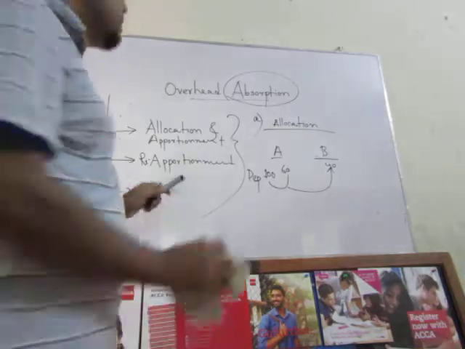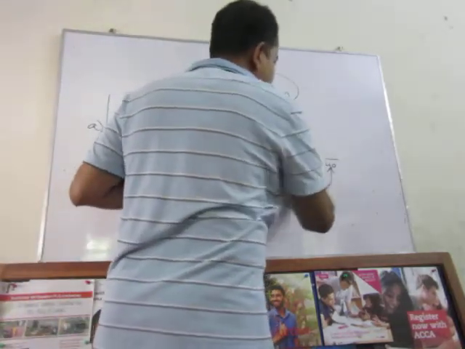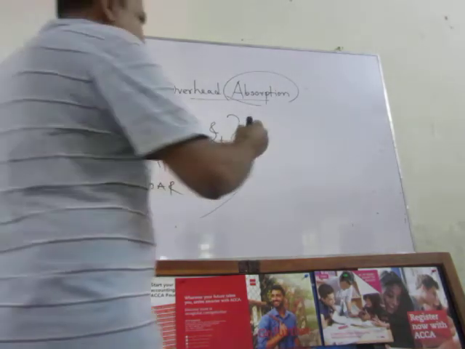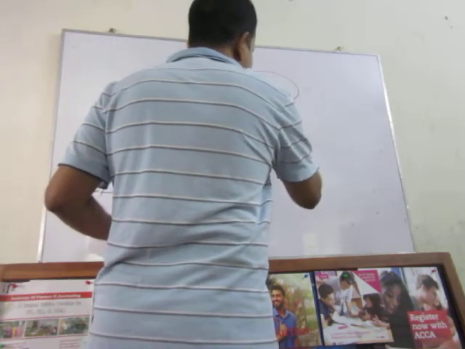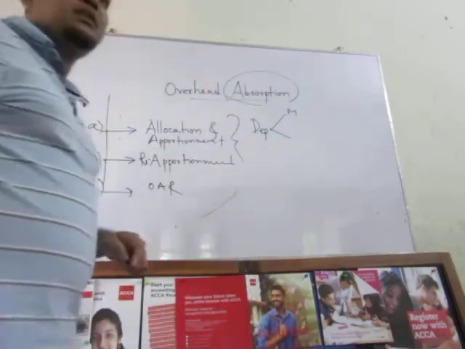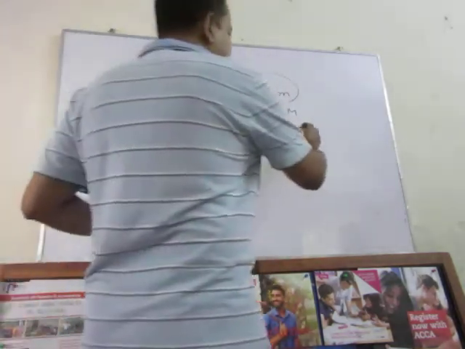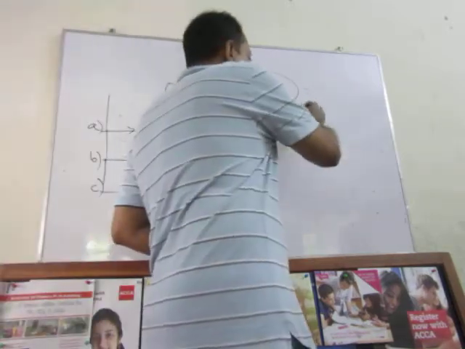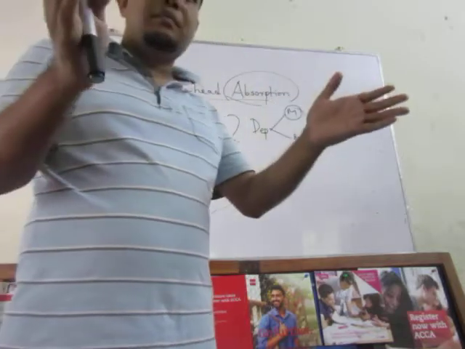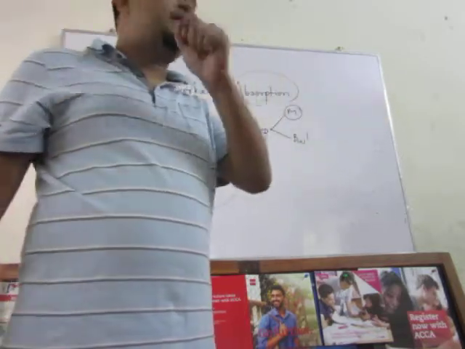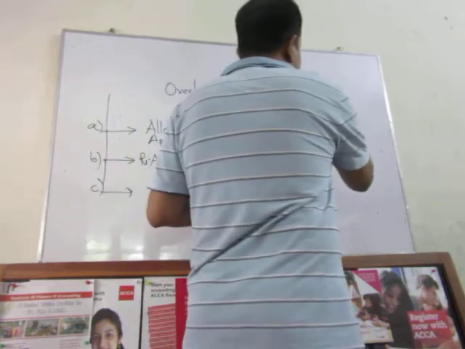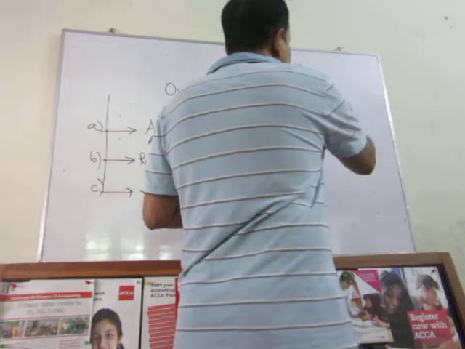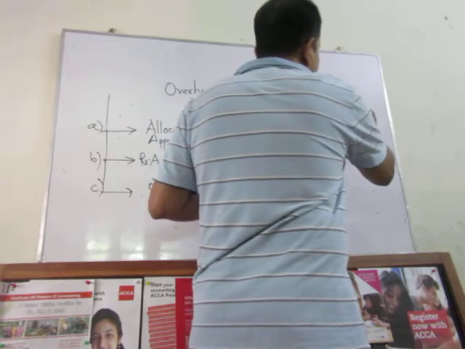So here you have to memorize some bases of apportionment. As for example, depreciation. Depreciation may be for machines, and depreciation may even be for buildings. Depreciation of machines will be allocated between the departments depending upon book value.